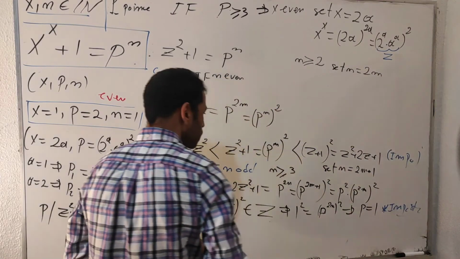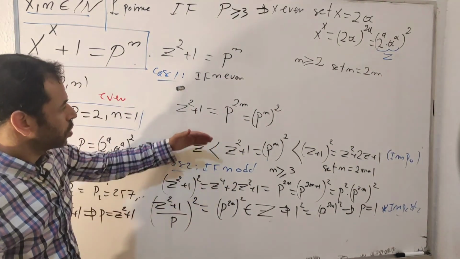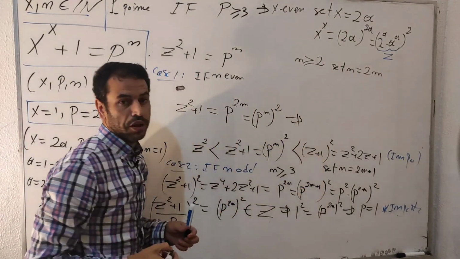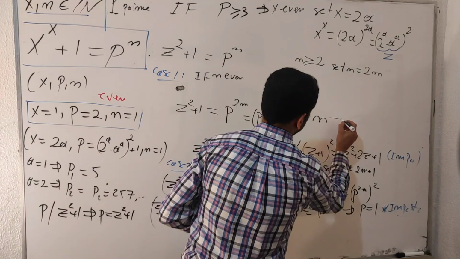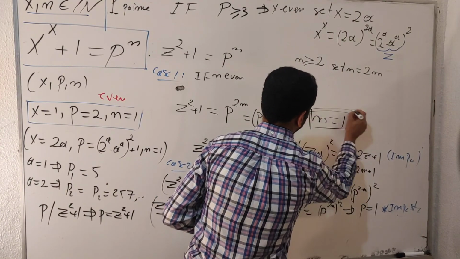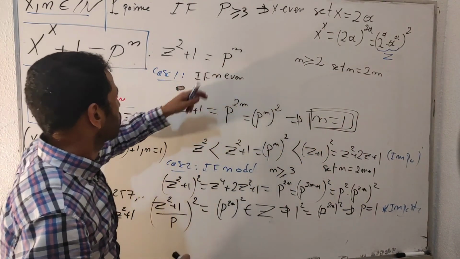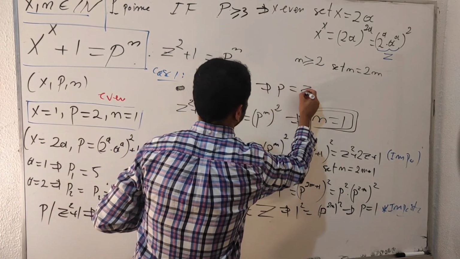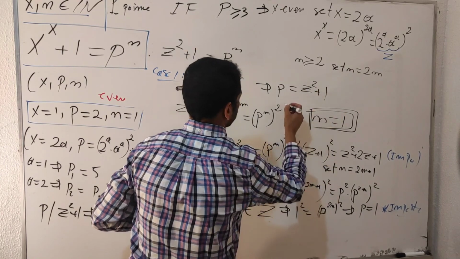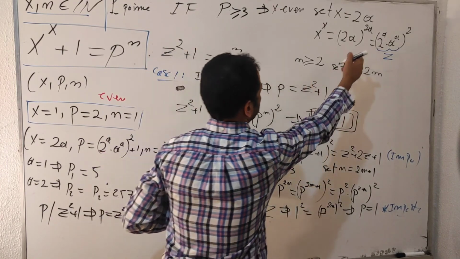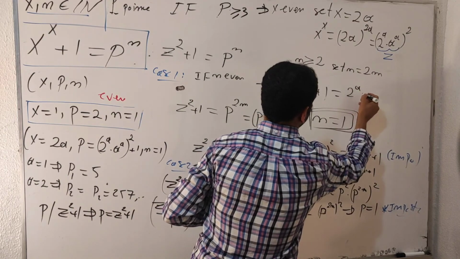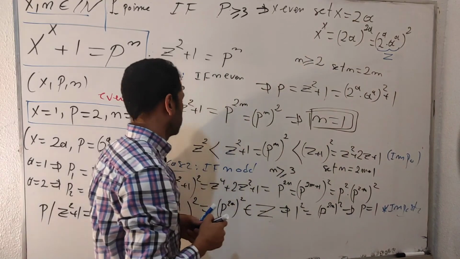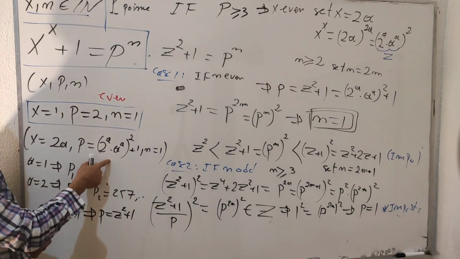None of these cases works, which means n cannot be bigger than number 1, which means n must take number 1. If n equals 1, then p is going to take z squared plus 1 as a solution. Replacing z with its value, I get (2^a multiplied by a^a), all squared, plus 1, which is exactly the solution that we are looking for.